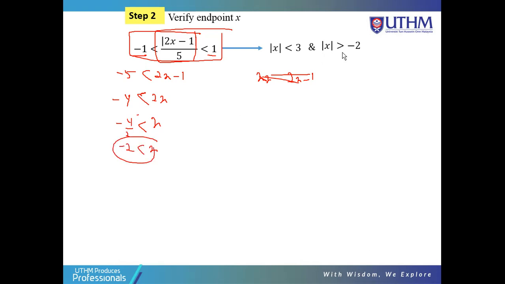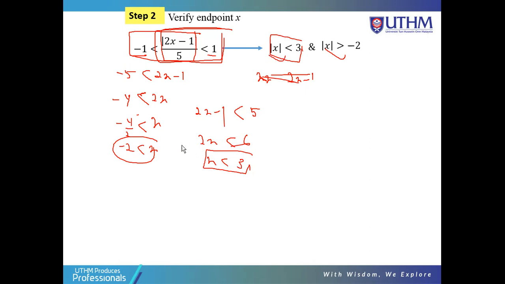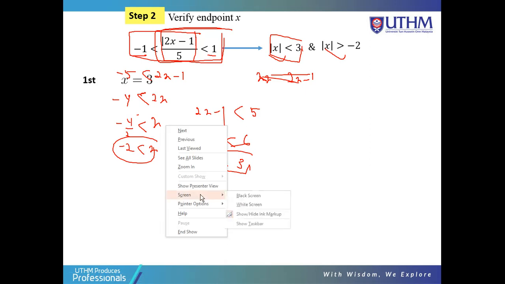So you get this here. Then you solve this one too. 2x minus 1 less than 5, 2x less than 6, x less than 3. So complete this first, and only after that you substitute into the limit.